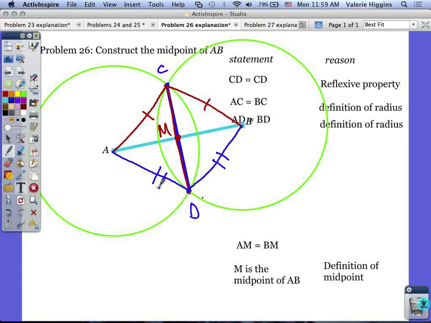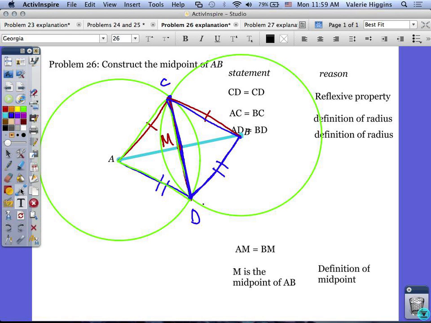All right, so these are the triangles that we're looking at. We're looking at triangle ACD, right? And we're looking at triangle BCD. What can you tell me about those two triangles?